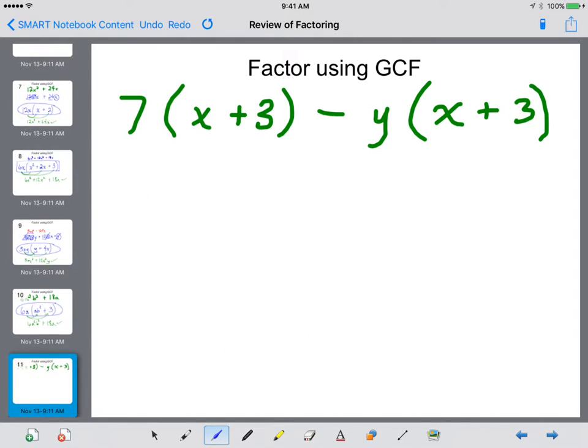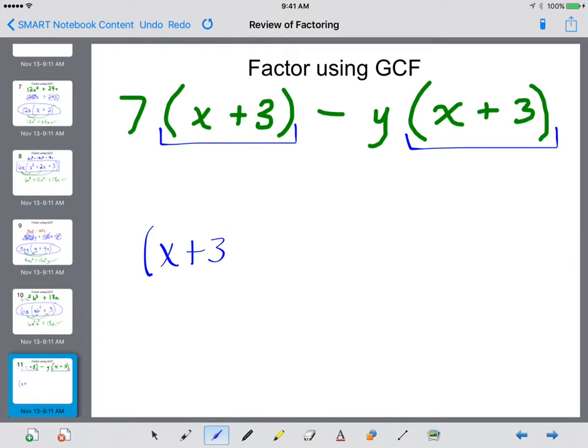Here's a new example that you may not have seen. But if you notice, in parentheses here is x plus 3. So all we need to do is do some rearranging here. The greatest common factor these both have is x plus 3.